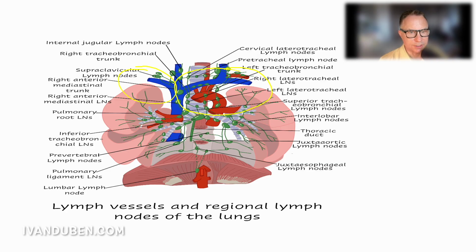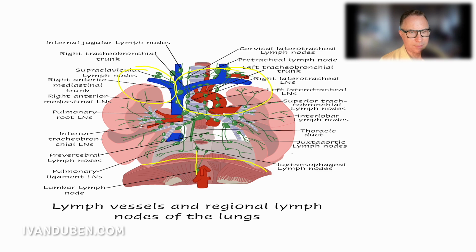Again, we can also see how we've got the diaphragm down here below and the connections of the lymph nodes traveling down through the diaphragm, which will connect to the cisterna chyli. So this whole mechanism here is under pressure.